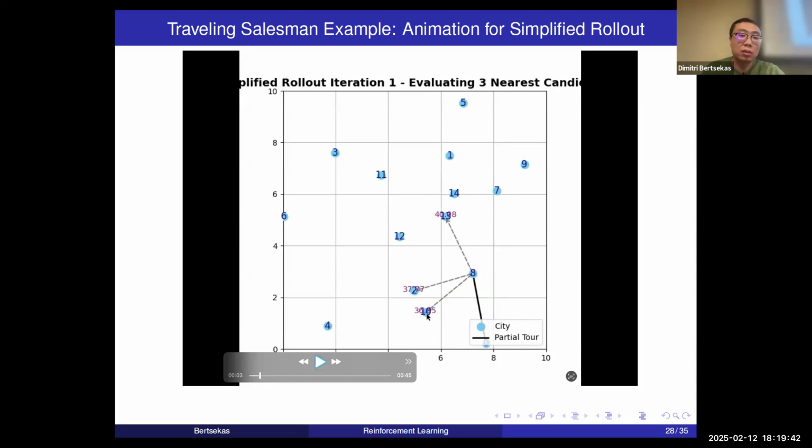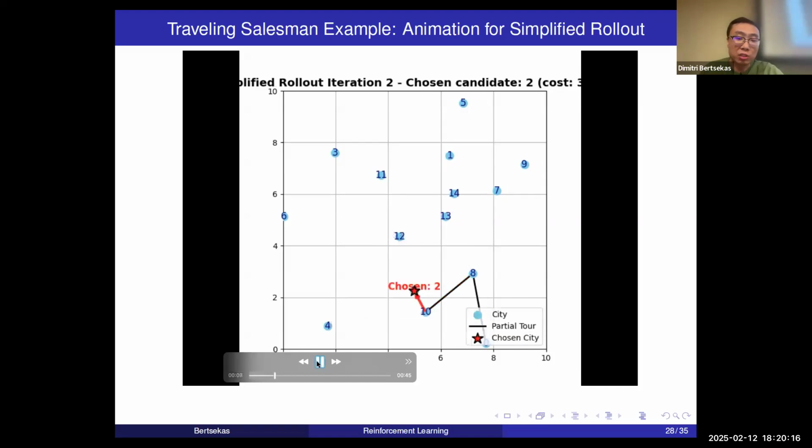Actually, at this point, you may recall that the rollout, in fact, chose city 12. City 12, despite being the 4th closest city, has the smallest overall Q factor. However, given the rule that we have set, which is to only look at the top 3 nearest cities and evaluate their Q factors, we basically prune the city selected by rollout.